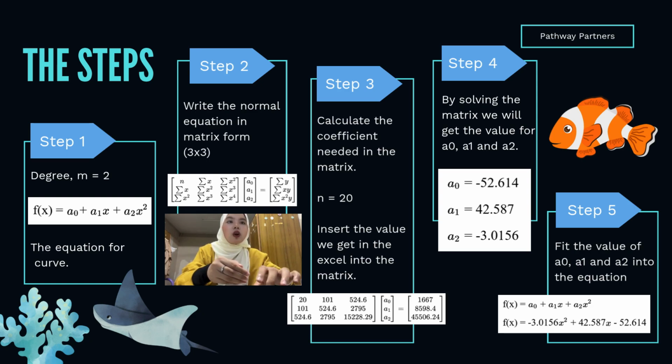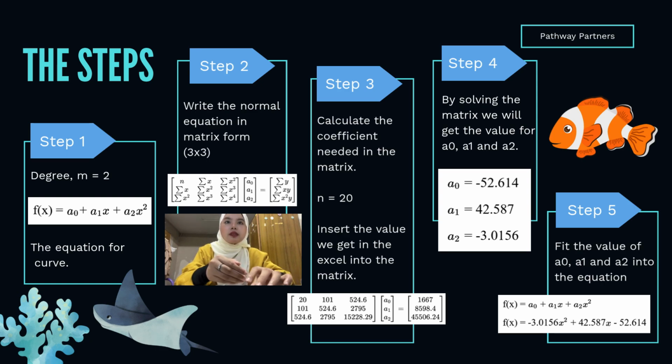By solving this matrix system, step 4, we successfully calculated our unknown coefficients, yielding A0 equal to negative 52.614, A1 equal to 42.587, and A2 equal to negative 3.0156.